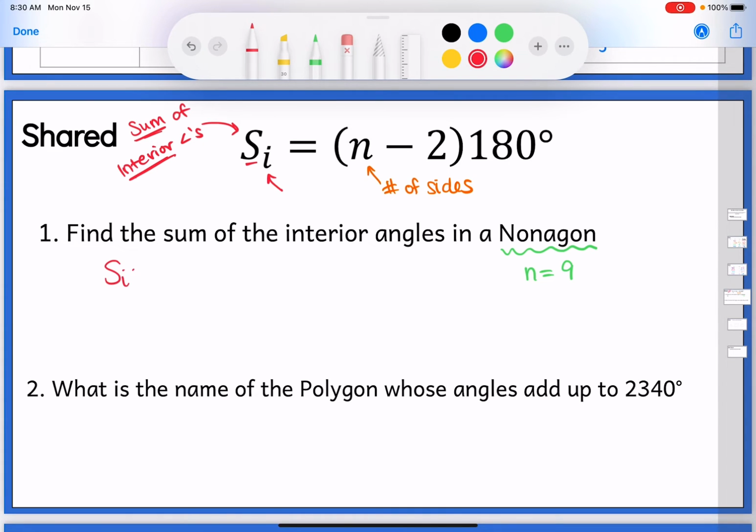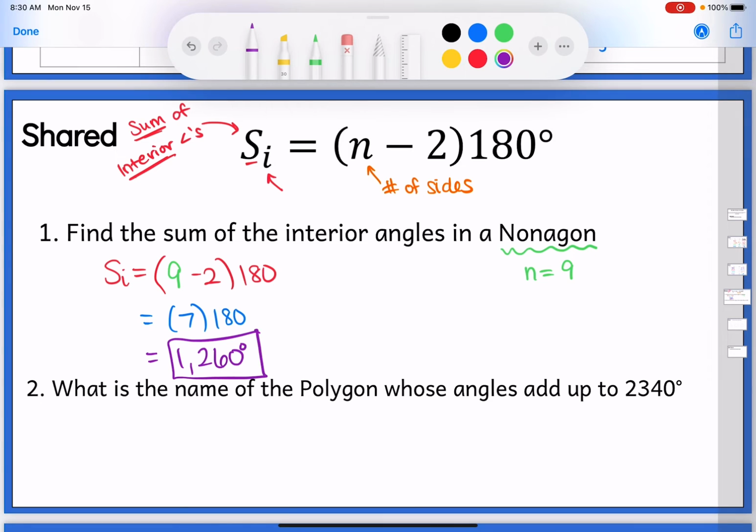S of I equals 9 minus 2 times 180, right? And now we just follow the order of operations. So I've got 9 minus 2, which is 7. 7 times 180 is 1,260 degrees. Goodness sakes, glad we didn't have to do all of that going through the table, right? So 1,260 degrees is our sum of our interior angles here for this one.